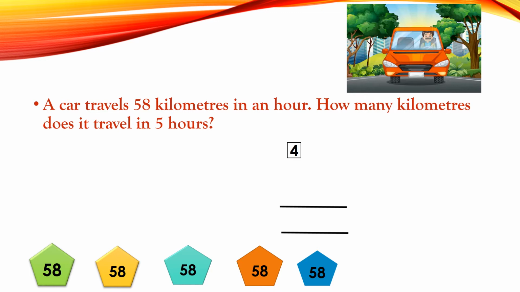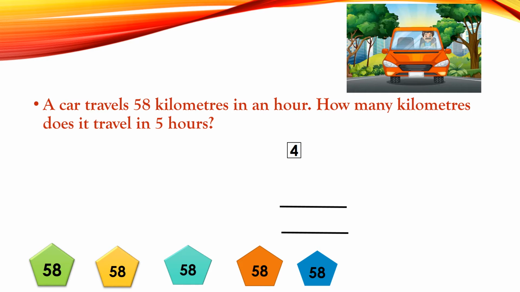So I have represented the distance and the hours below in different shapes. If you can see, there are 5 hours. So I have shown the 5 hours as 5 pentagons. Now each hour the car travels 58 kilometers.